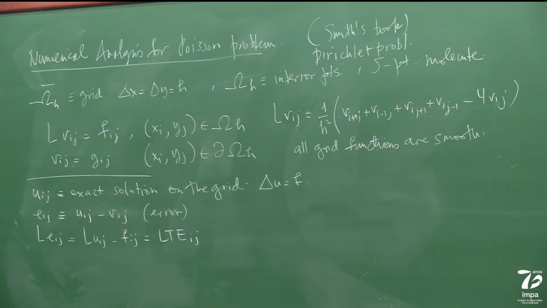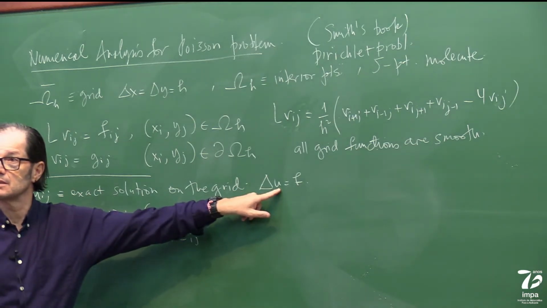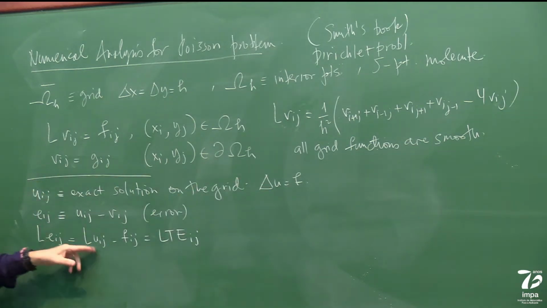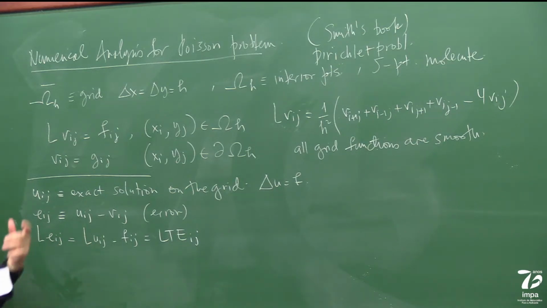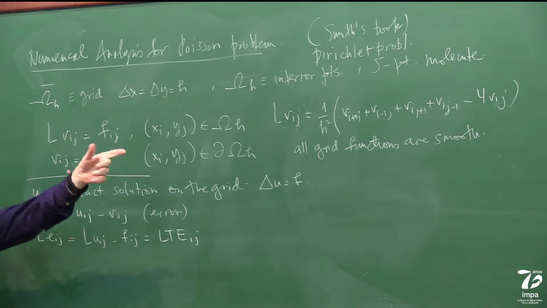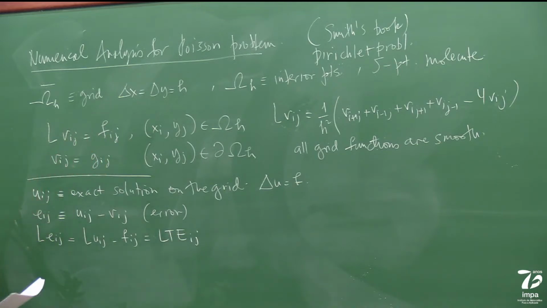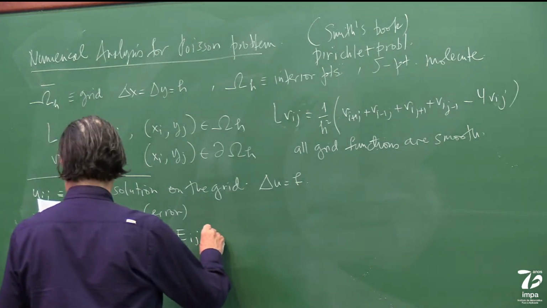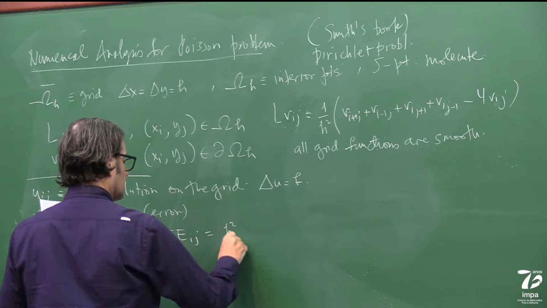Let's see if we agree. So if I apply the discrete operator, what is said here in this question, I apply the discrete operator on the error. Okay, this guy will not give us f because it's the solution of this, right? But it's going to basically give us something like f minus the truncation error of the grid values of f minus the truncation error of the 5-point molecule. So basically, I can write this like this.